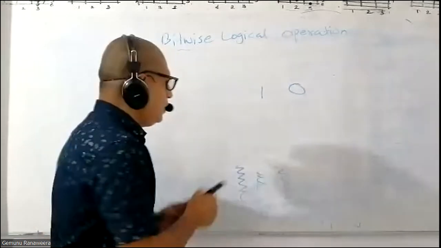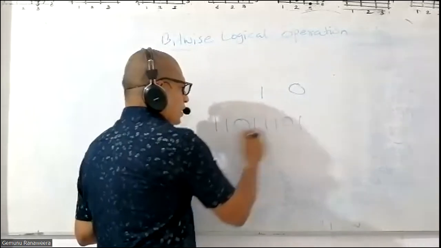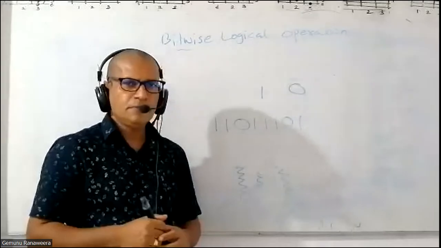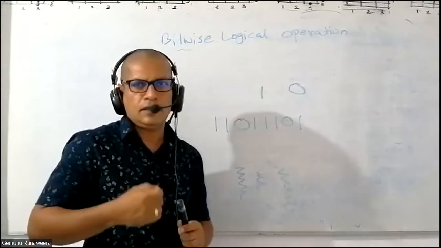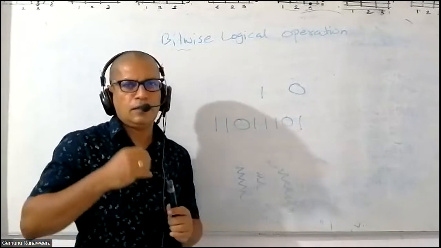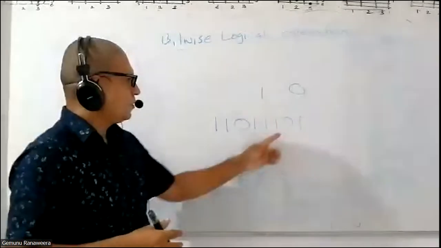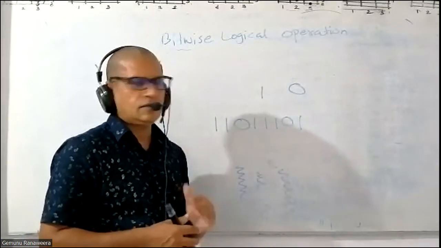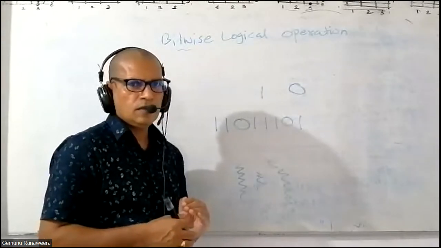For example, in a bit stream like this, there are 8 bits here, we call it a byte. So with this bit stream, each bit will be converted to an electrical pulse. Right? So 1 as, for example, 5 volts and 0 as 0 volts or minus 5, something like that.